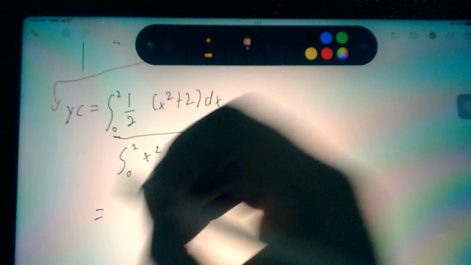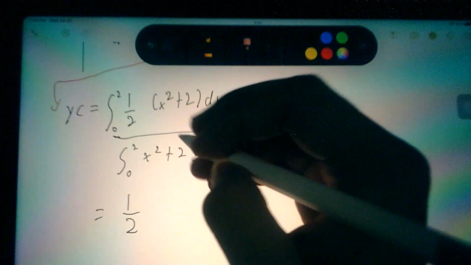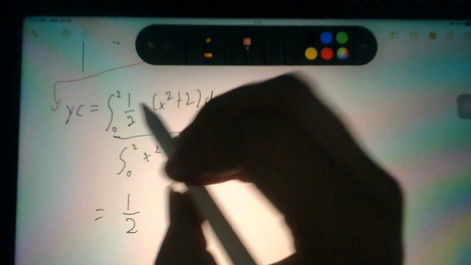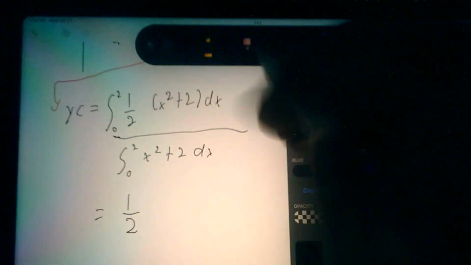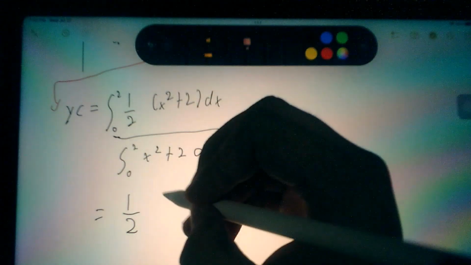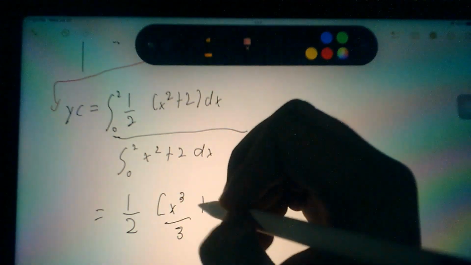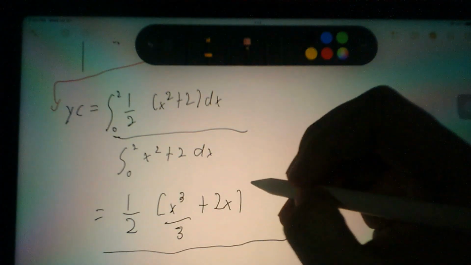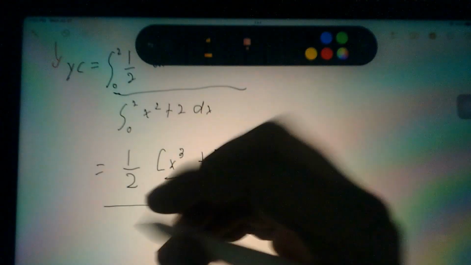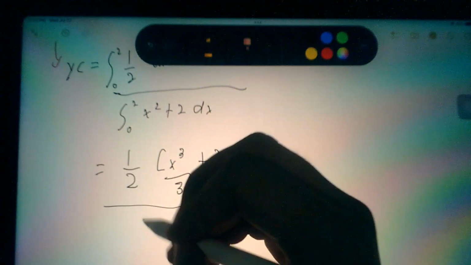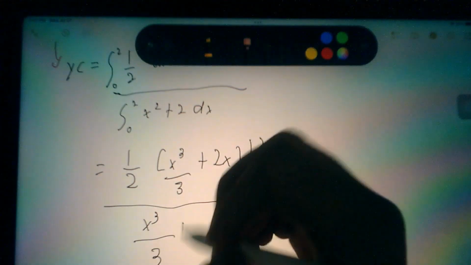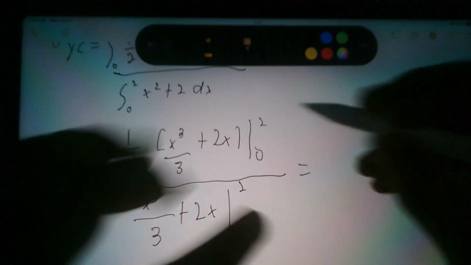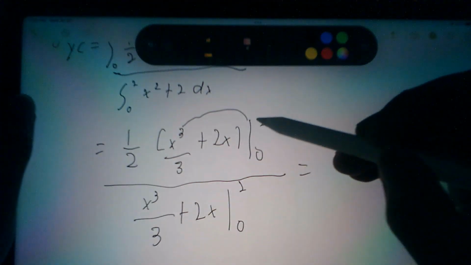Now let's integrate this. Let's put 1/2 outside since it is a constant. By using mental integration, x squared becomes x cubed over 3 plus 2x, from limits 0 to 2, over the same, x cubed over 3 plus 2x from limits 0 to 2. Now we are ready to substitute the value of 2.